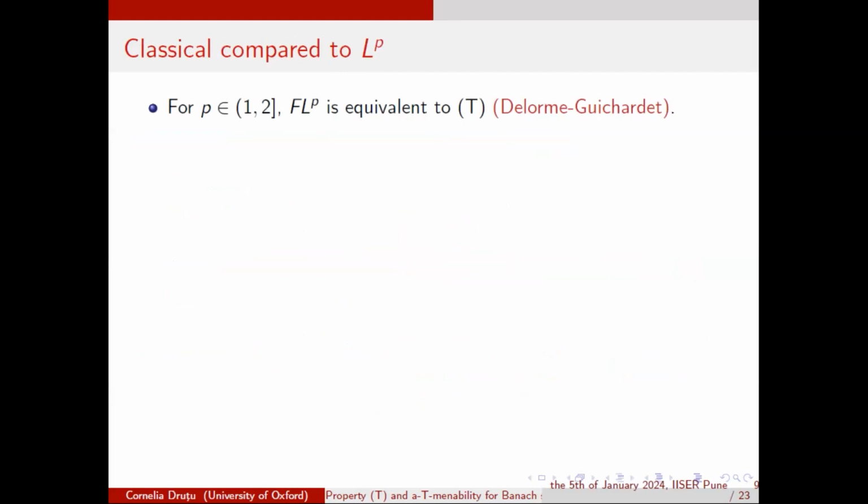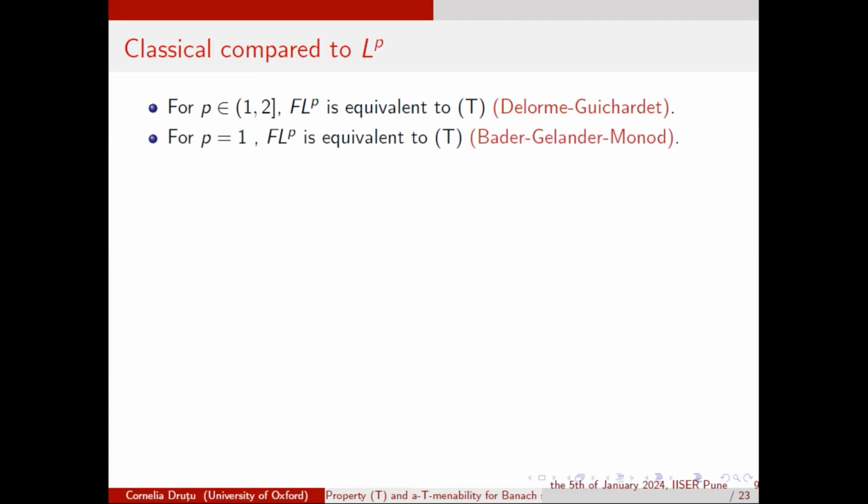So let's compare these two sets of properties with the classical ones. Between 1 and 2, FL^p is equivalent to T. For p strictly larger than 1, this is due to a result of Delorme-Guichardet. And for p equal to 1, it's a result of Bader-Gelander and Monod.